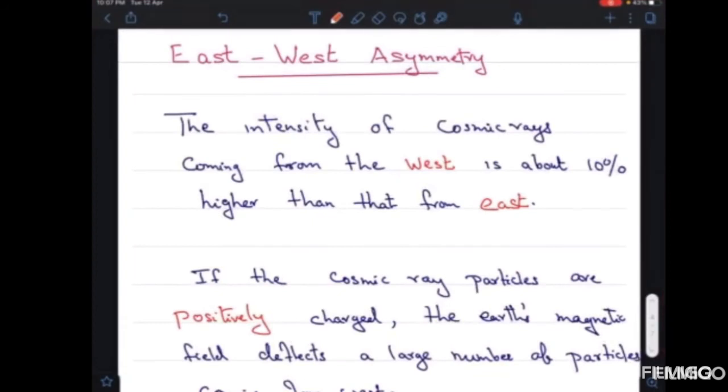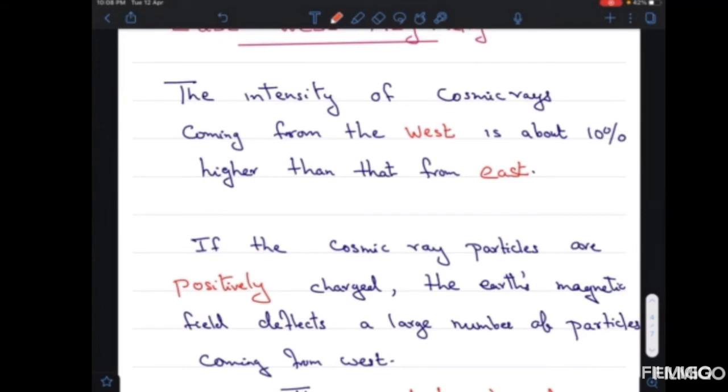Next in line is the east-west asymmetry. The intensity of cosmic rays which come from the west is about 10% higher than from the east. Again, it has been observed that if the cosmic ray particles are positively charged, then the Earth's magnetic field deflects a large number of particles from the west.